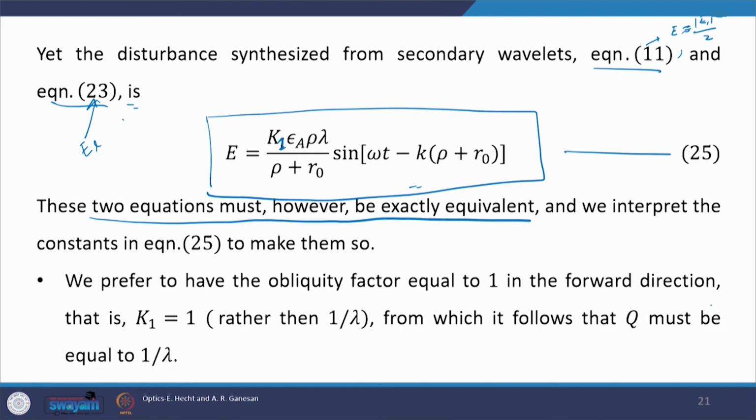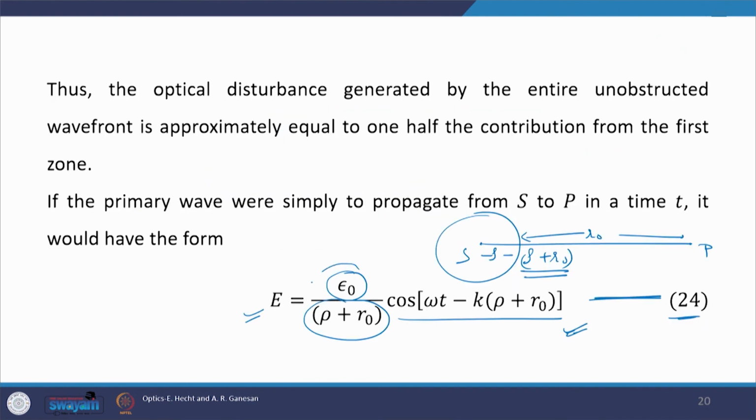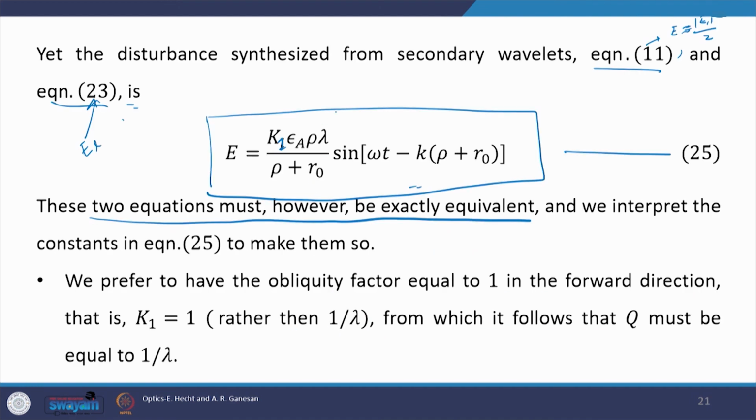Let us compare the amplitude part. Here the amplitude is epsilon naught by rho plus r naught, and here the amplitude is K1 epsilon a rho lambda upon rho plus r naught. Let us compare them. Sorry, it is r naught.